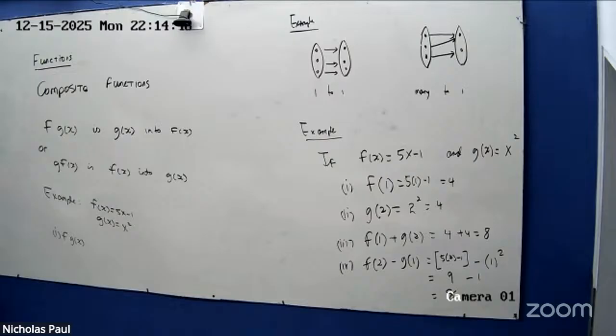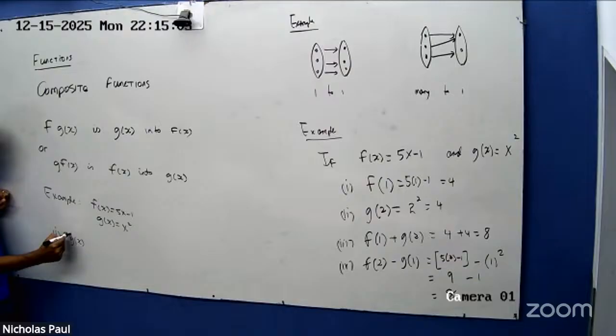Watch this here. So what is f of g of x? I showed you a little while ago how to find f of g of 2 and all those things, right? But how do we find it if we have an x here? All you have to do is the same thing as before. Put a bracket around g of x.